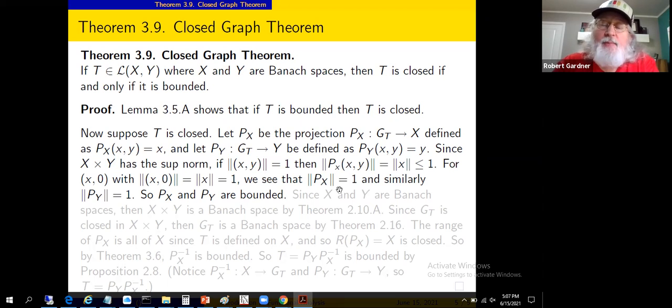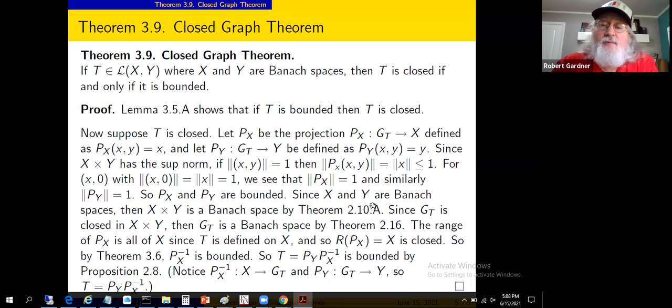So when we look at the operator norm, remember that was defined as a supremum over all such values as we allow the input, X comma Y, to range over unit vectors. Well, here's a specific unit vector at which that maximum of 1 is attained. So that supremum in the definition of the operator norm of P sub X must be 1. Similar story for Y, exactly the same argument for P sub Y. So P sub X and P sub Y are both bounded.